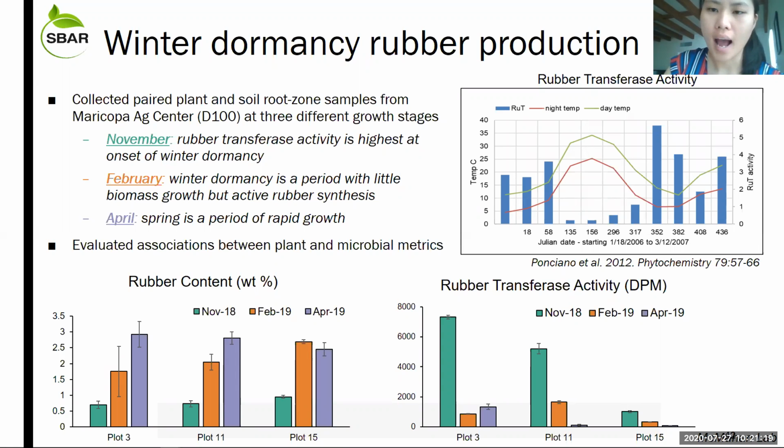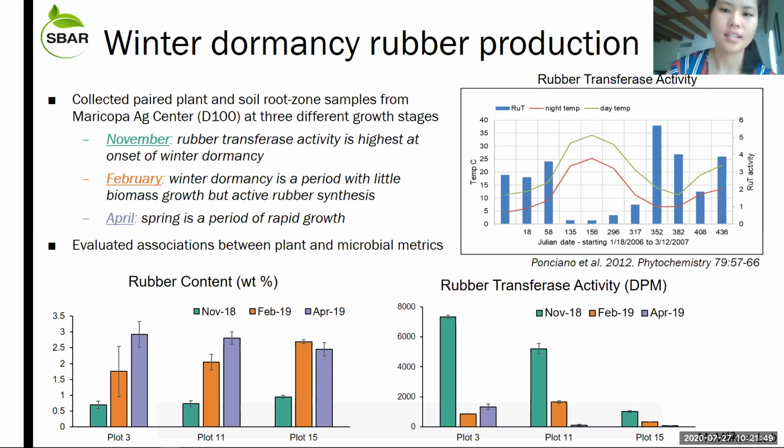You can see the highest bar is Julian date 352, which is in mid-December, and the graph continues through 436, which would be mid-March. The increase of rubber transferase activity indicates that rubber biosynthesis is beginning, and with this data, our 3 sampling dates correspond to these different phases of plant growth.